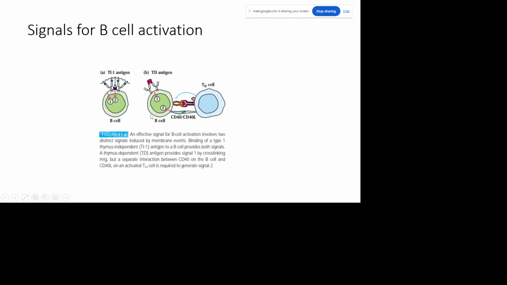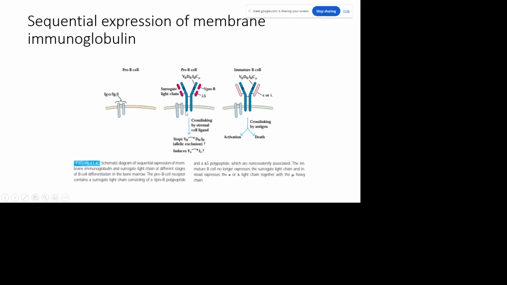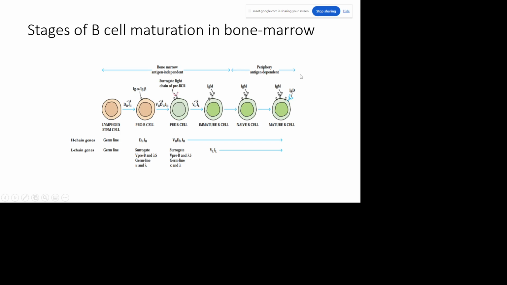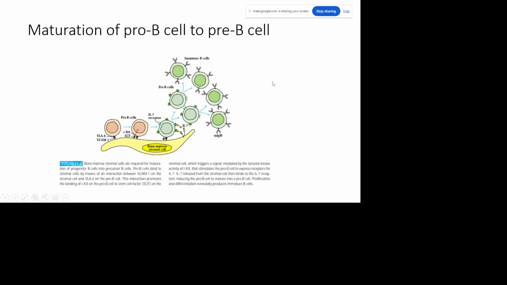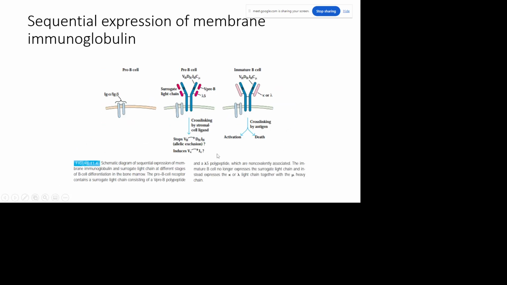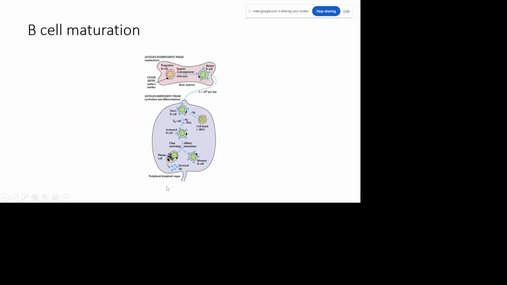This will give you signal 1, and the CD40 of the B cell and CD40L of the helper T cell interaction will give you signal 2 that will help to activate the B cell. So that's how the naive immature B cell can be converted into the mature B cell in the peripheral lymphoid organ when it interacts with the antigen.